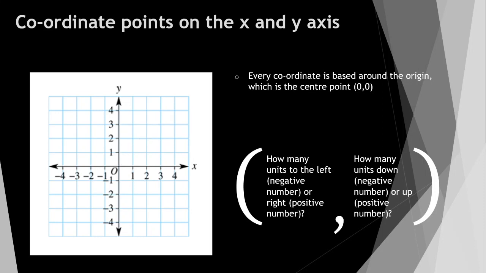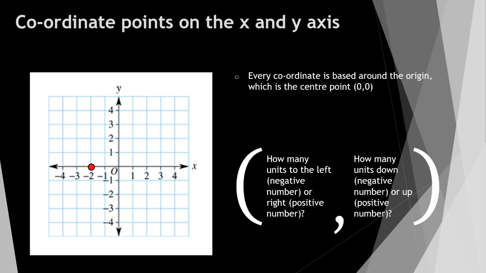So if I was talking about the one we were talking about before, which I think was around here, it's 3 points to the right of the origin and 2 points up. So if it's to the right, then it's a positive number, and if it's up, then it's also a positive number. And this is going to help us understand what happens when we have points on the axes.